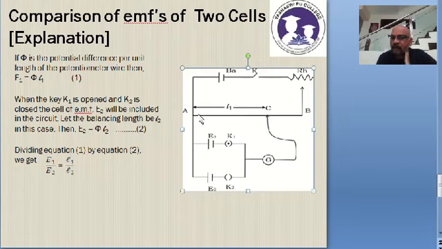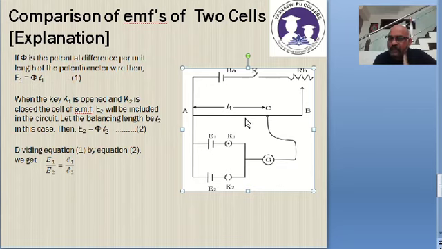Now imagine again very clearly, this battery B is providing V volt. That means between A and B entire V volt will be dropped. Now if you choose this point C to be at the center, then what is the meaning?